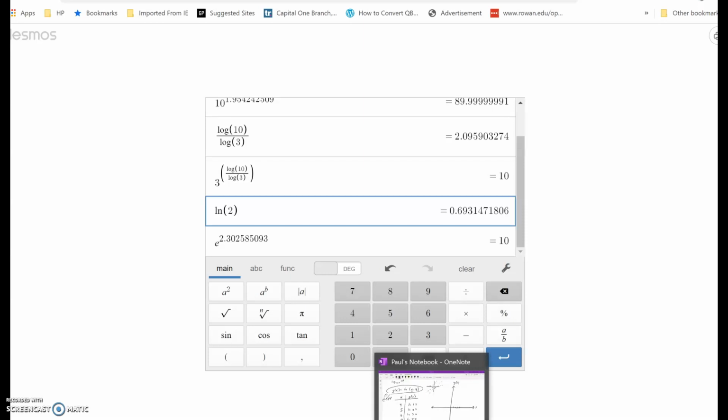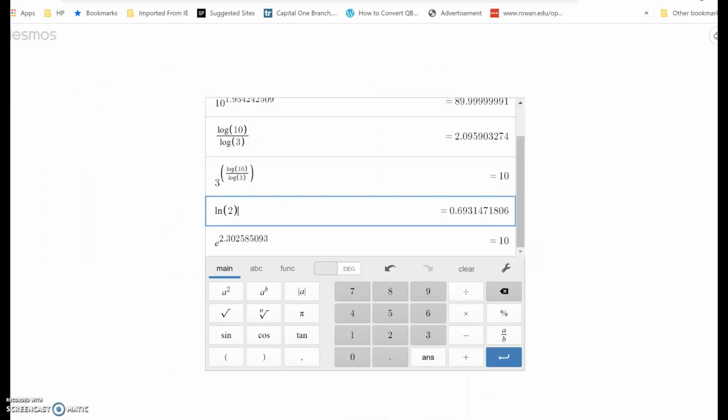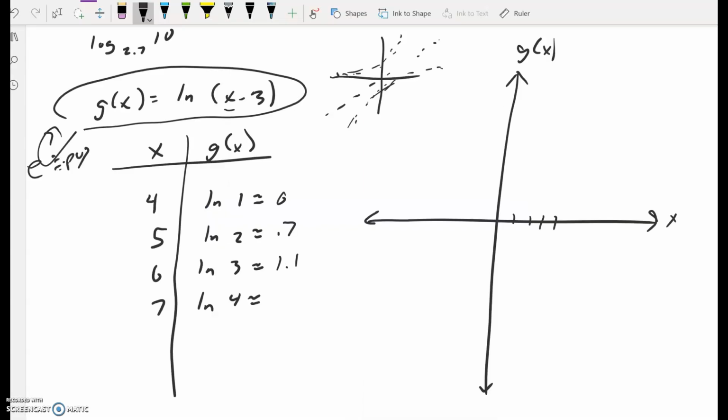So let me come over here, see if I can do this. This is 0, this is 0.7, then I need 3 and 4. So 3 gives me about 1.1. 4 gives me 1.4. And on your calculator, you could press the natural log button if you could find it, and that would work out pretty well.